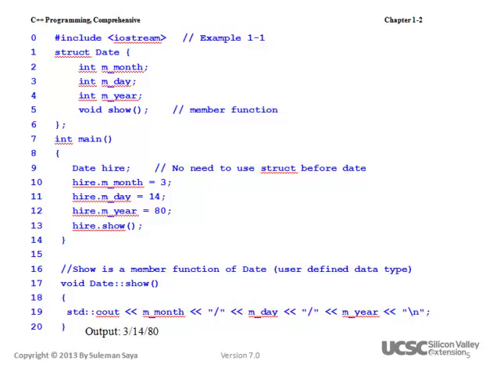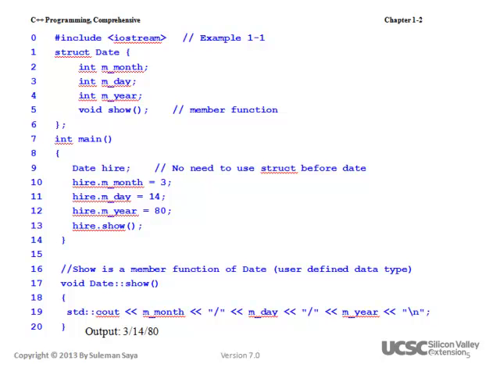At line number 17, I'm making sure that the return value of the show function is void.